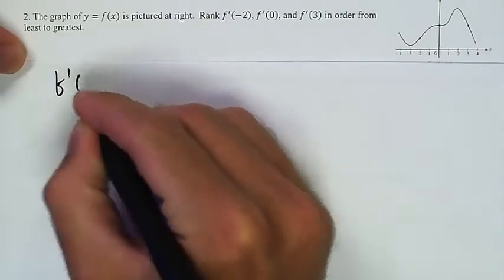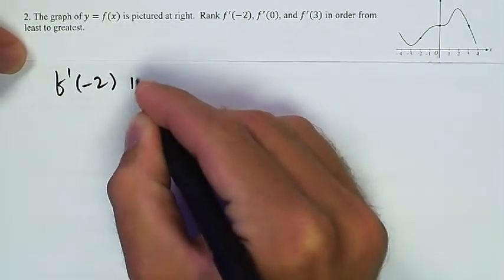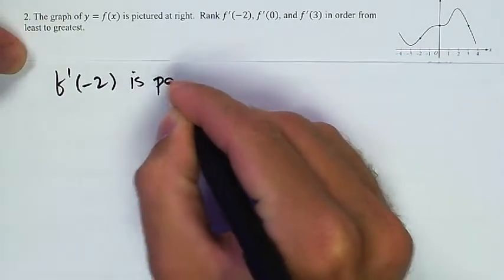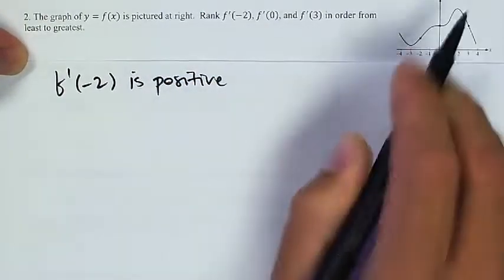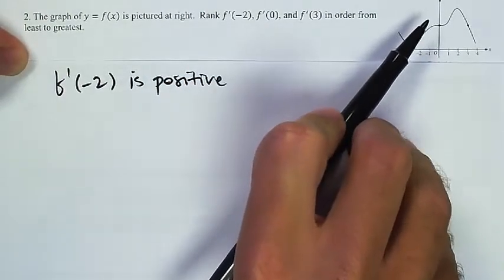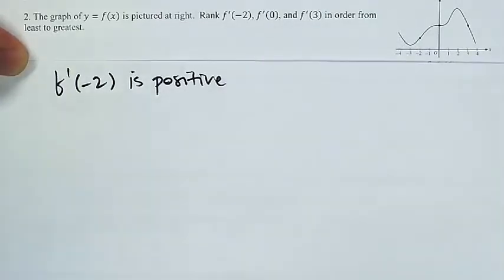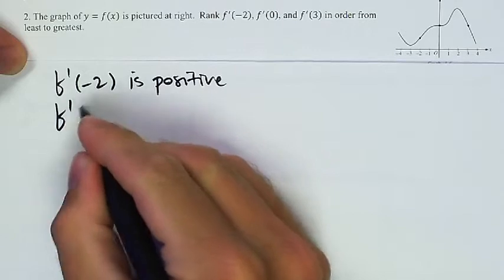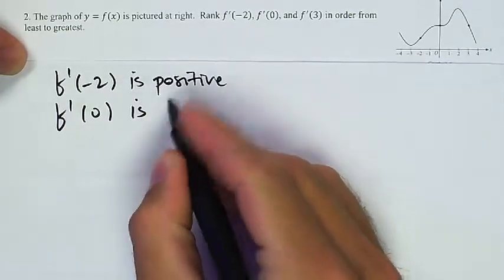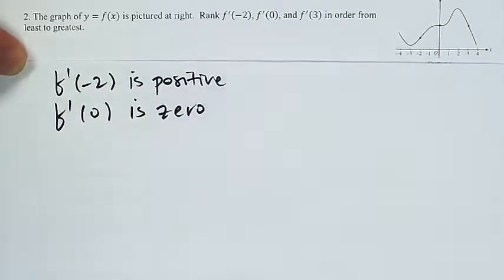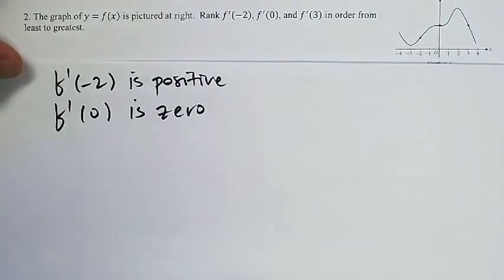So I'm going to say f prime of negative 2 is positive because the slope of the graph at x equals negative 2 is positive. At x equals 0, f prime of 0 is 0 because the tangent line is going to be horizontal at that place.